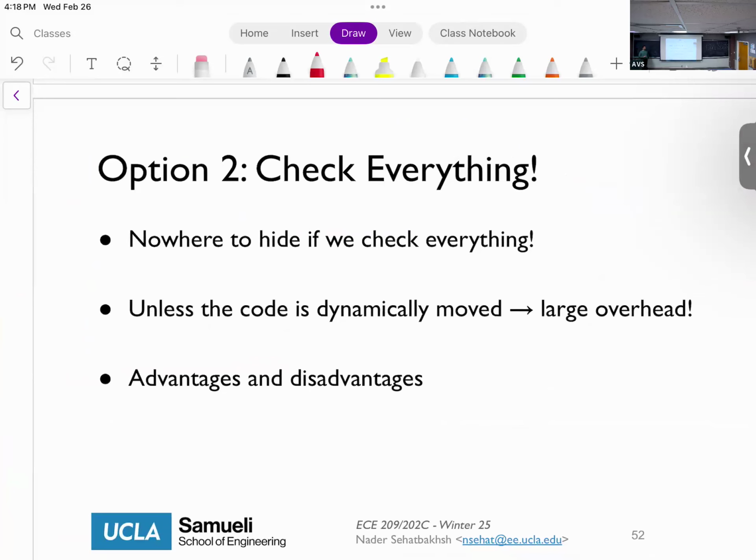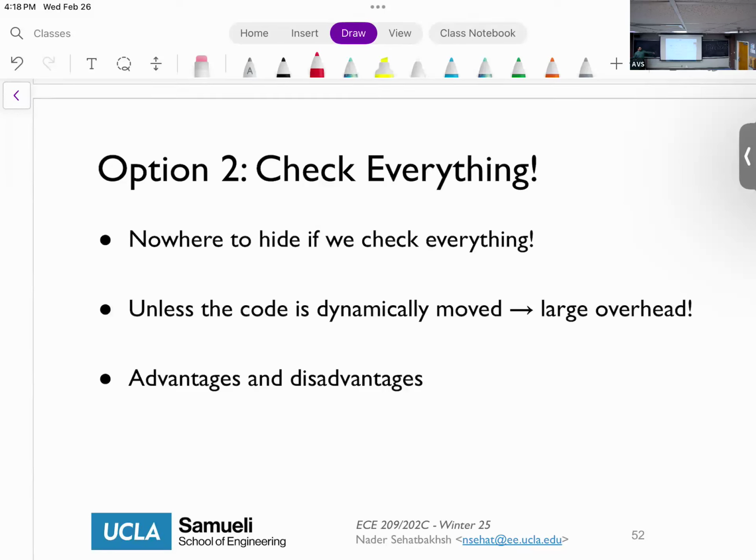The other option, instead of doing the verification function and then the dynamic root of trust, is to do the attestation on the entire program memory. This way, the adversary cannot hide its own code, assuming that there is no other place in the program memory for the adversary.